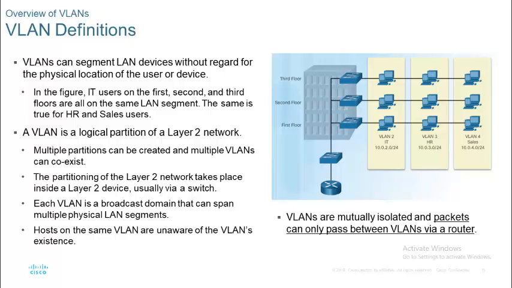What do you understand from this picture on the right? See the picture there. We got 3 floors and we have subnetted network for 3 departments. When you see the subnet, what do you understand?